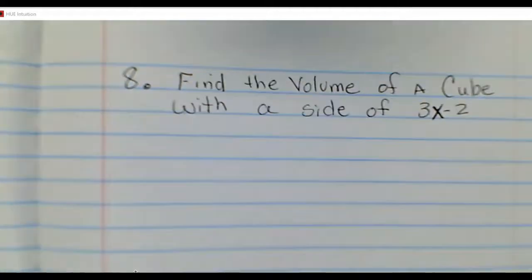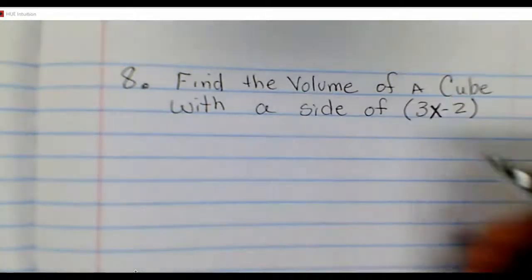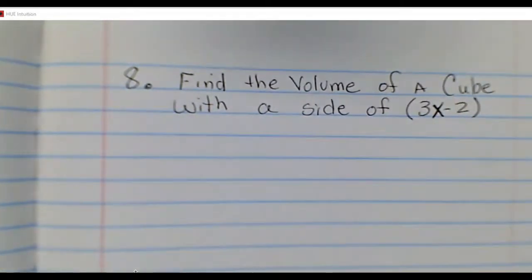The side of the cube is this binomial. Now, first question, do we know what a cube is? A cube is like a 3-dimensional square.